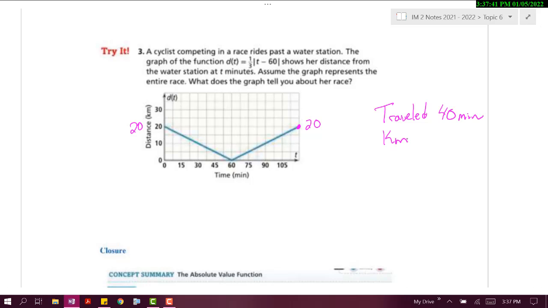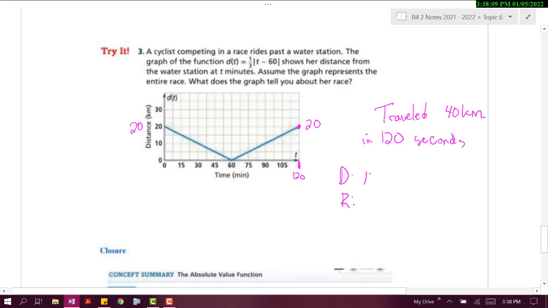Oops, I had that backwards. That's 40 kilometers, silly. And in the time, these are all by 15, so this would be 120. So it traveled 40 kilometers in 120 minutes. So pretty fast. Let's talk domain and range.